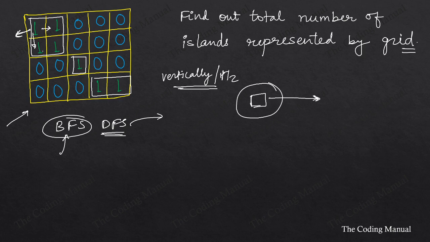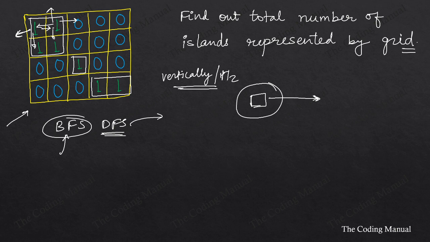If they are land, we will again traverse its adjacent. Like if we reached this point, we will traverse this, traverse that, traverse the right, and traverse below. In all possible directions we will traverse and see what they are.